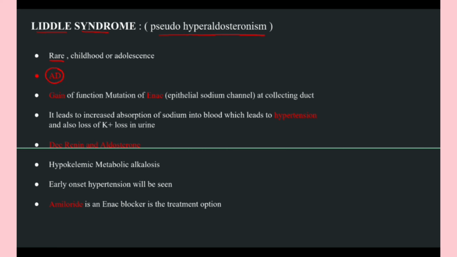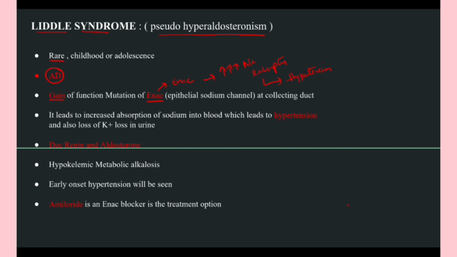And also in Bartter and Gitelman, we see a defect in the channels. Here there is a gain of function mutation of ENaC. So the ENaC channels are overexpressed. Overexpressed ENaC channels lead to lots of sodium reabsorption, which leads to hypertension.